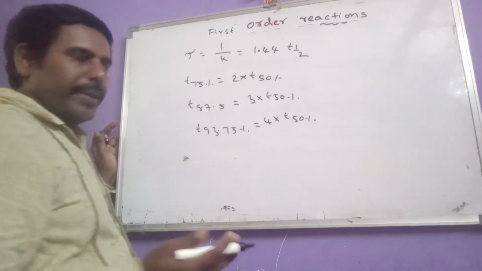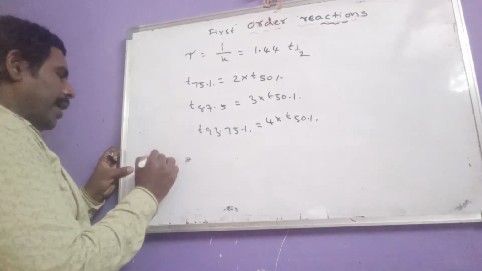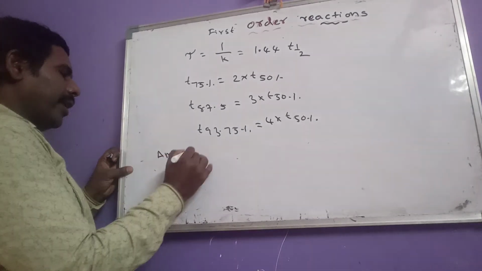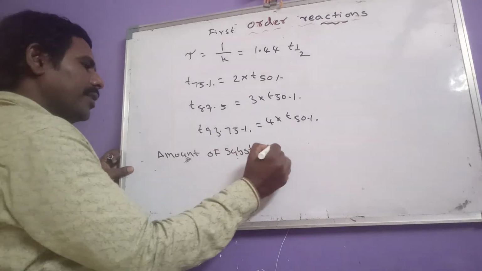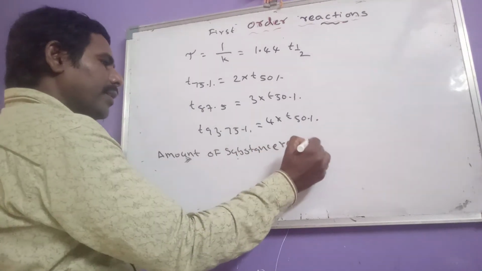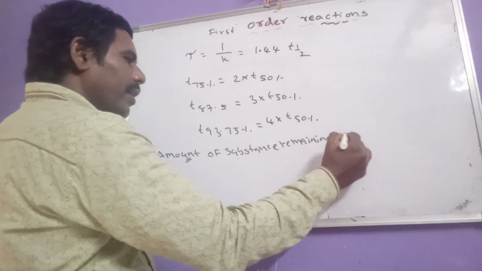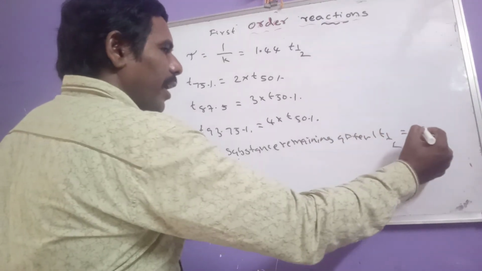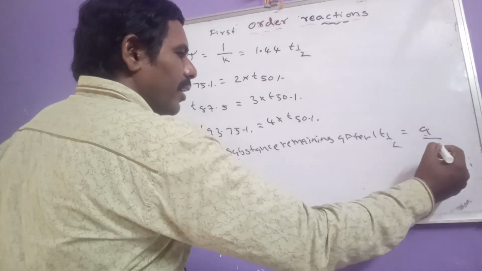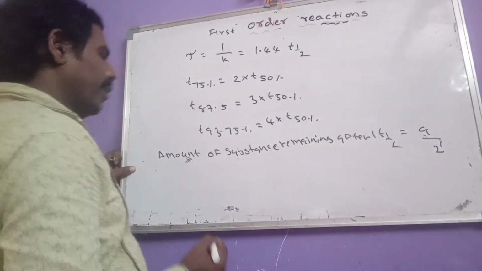And some more examples we can give. Amount of substance remaining after one half-life: the formula is initial concentration divided by 2 power 1.